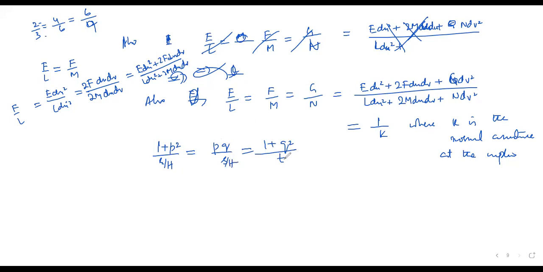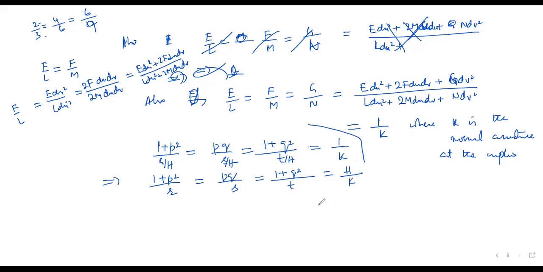Of course h is here, so that would be equal to some ratio which we know is 1/k. So 1 plus p square divided by r is equal to pq divided by s is equal to 1 plus q square divided by t, so h comes on top, that would be h by k, that means 1/k would be equal to 1/h times s, perhaps from there, and pq comes on top.